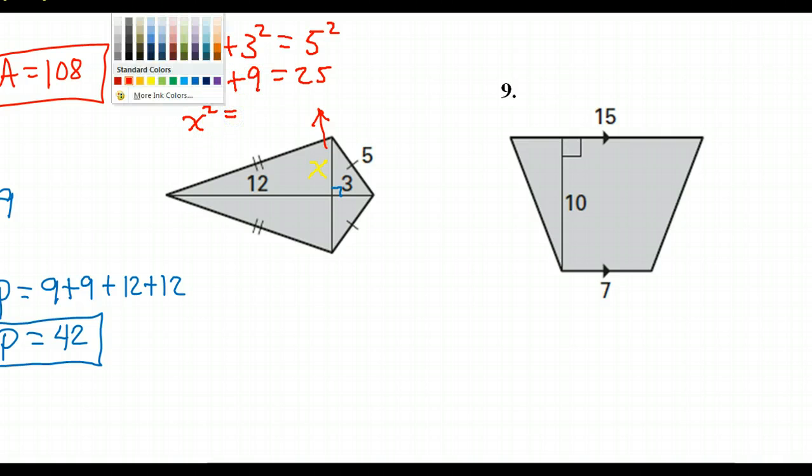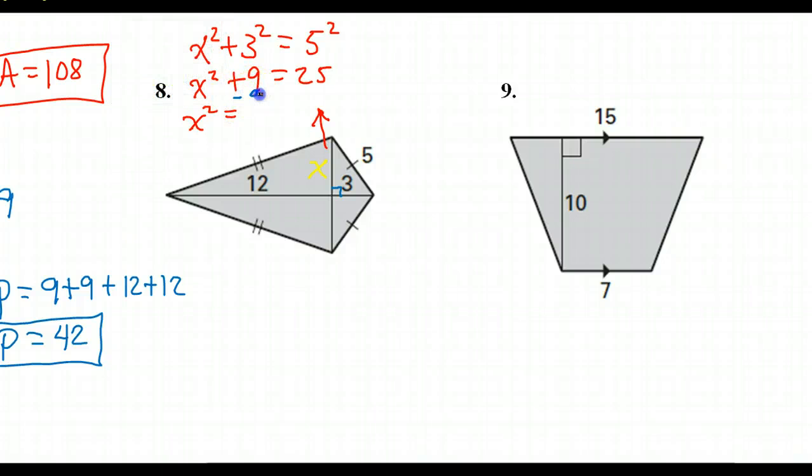Okay, subtracting 9 from both sides, x squared equals 16. Take the square root. You get x equals 4. Okay, so that means this is 4. These two parts of the triangle are 4 and 4.